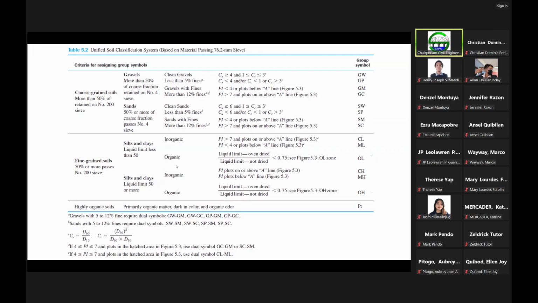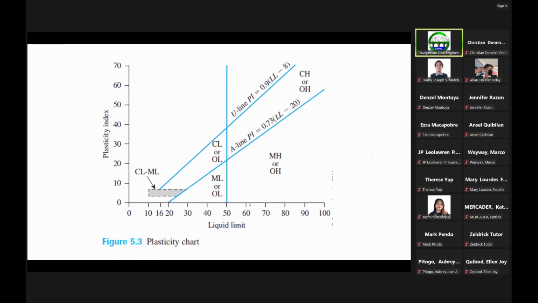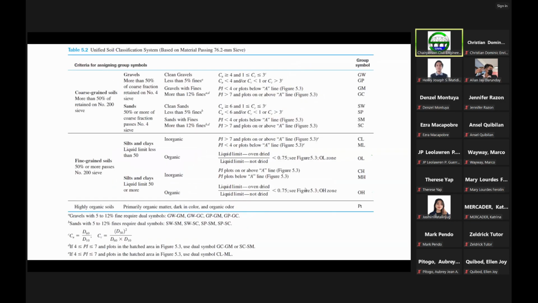And then under this criteria, if it is organic, then it must satisfy this formula here with respect to the liquid limits, or it is in the OL zone in the plasticity chart, this one here, below liquid limit of 50.